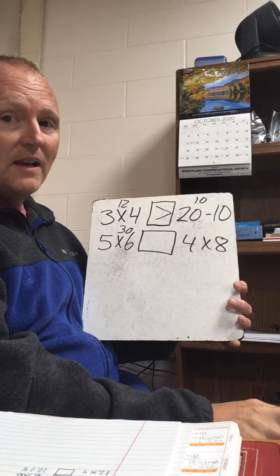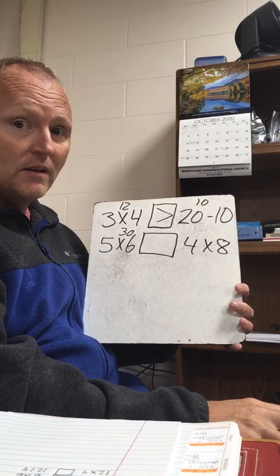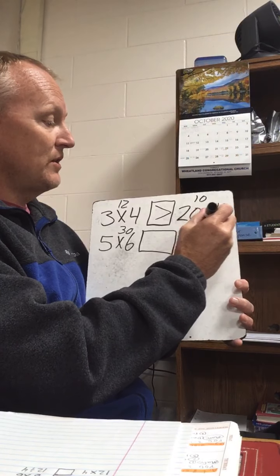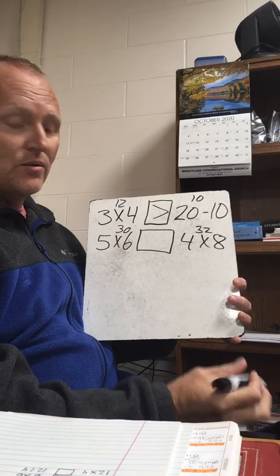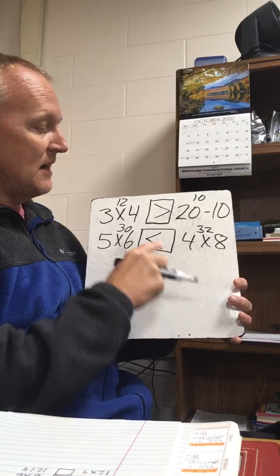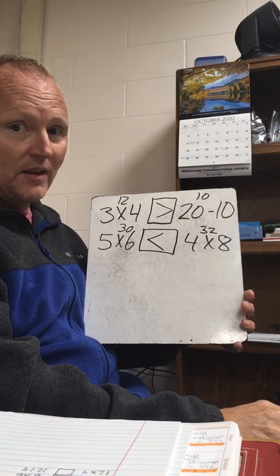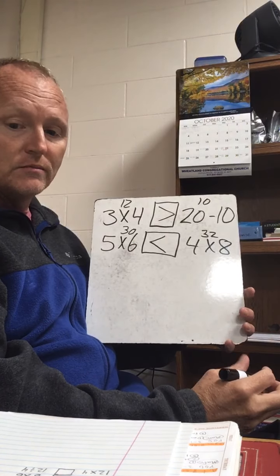Okay, 4 times 8, well, by now you've seen it plenty of times, but if you don't know it, just use a strategy. Okay, but anyways, it's 32. So 30 is less than 32. Okay, here's the less than sign, and the alligator gobbles up the bigger number. Okay, if you just want to think of it that way, that's fine. 30 is less than 32.